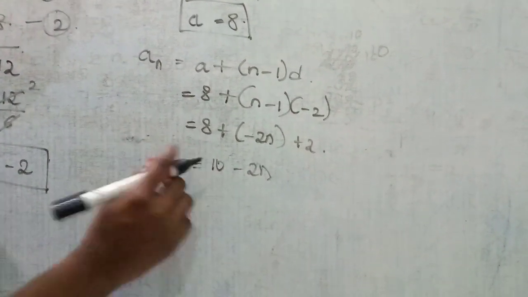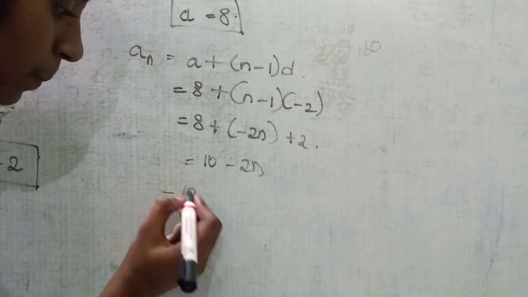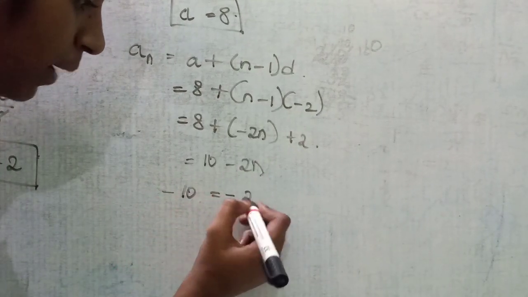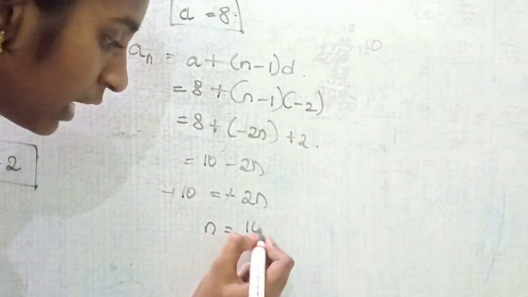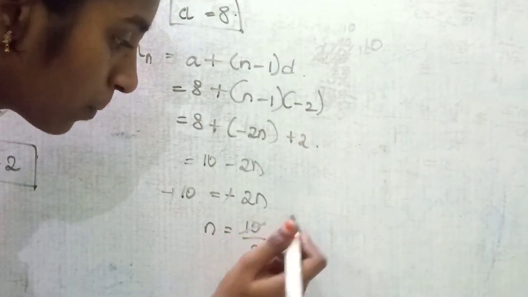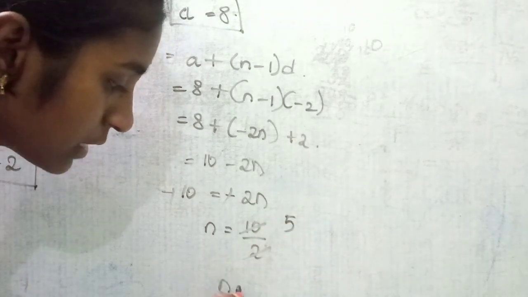If the 10 goes this side, it becomes minus 10. Minus 10 is equal to minus 2n. Minus minus get cancelled. N is equal to 10 by 2, 5. N is equal to 5.